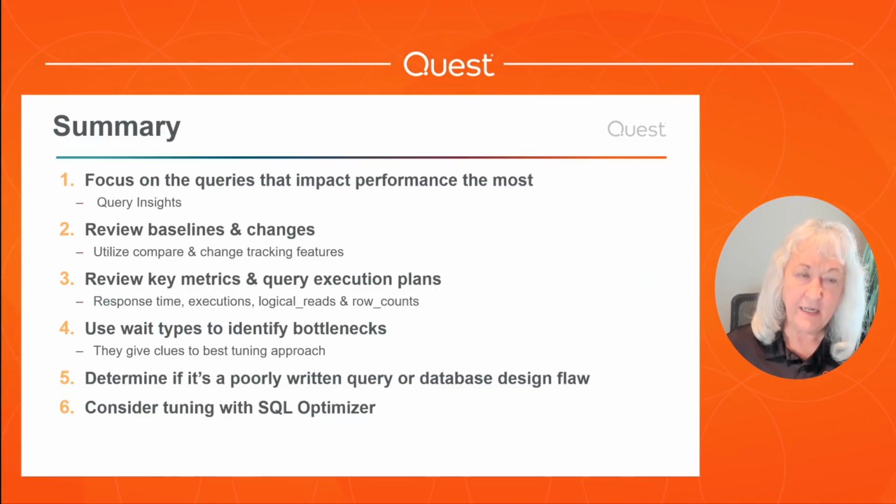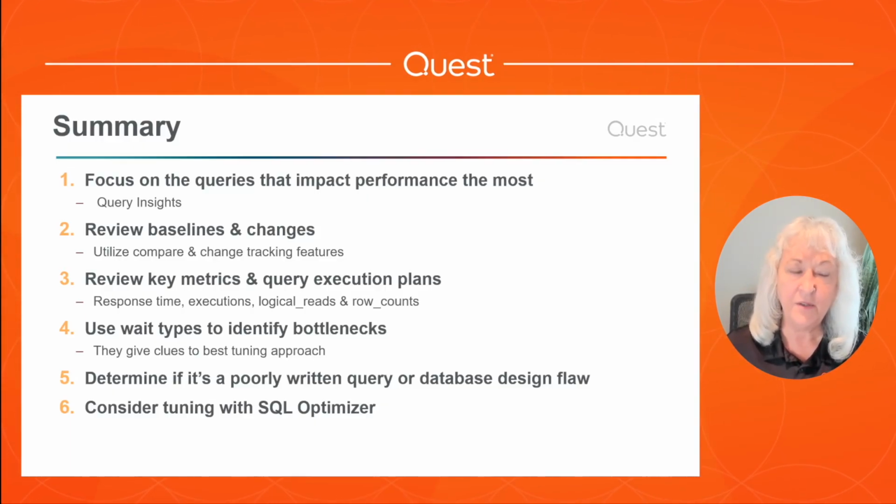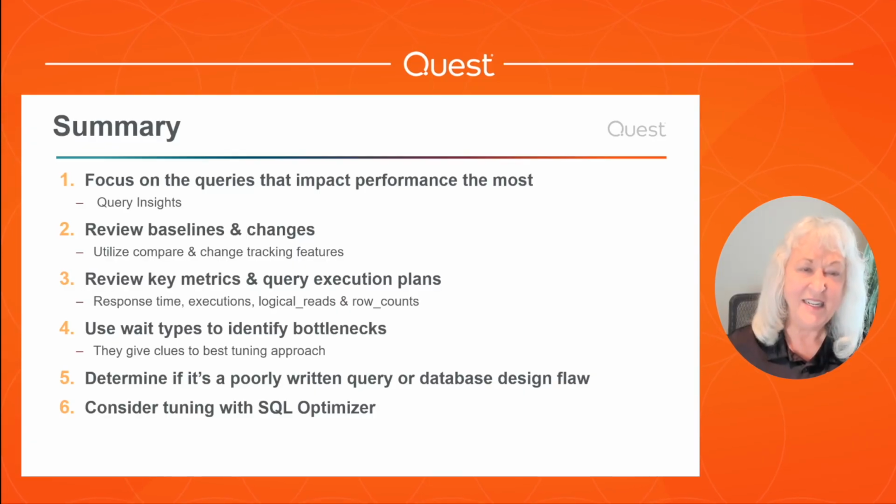So finally, in summary, focus on the queries that impact performance the most, and try out query insights. Try looking at the different domains, setting the impact levels or maybe the response time levels, and driving it to getting it tuned.